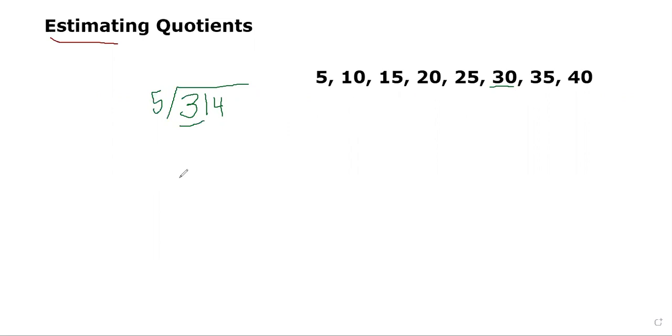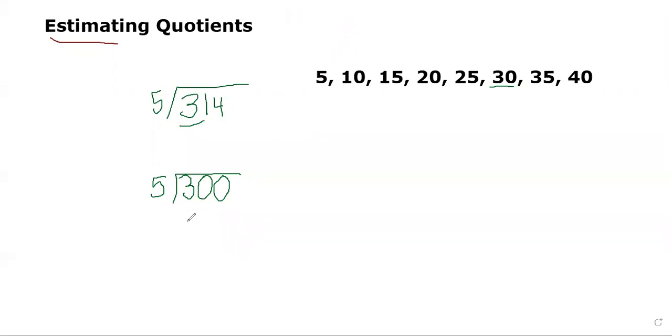So this 31 becomes a 30. And any number after that number 31 is a 0. So this 4 becomes a 0. We're going to put our division symbol up there. And I'm ready to divide. We're going to divide 5 into 30.